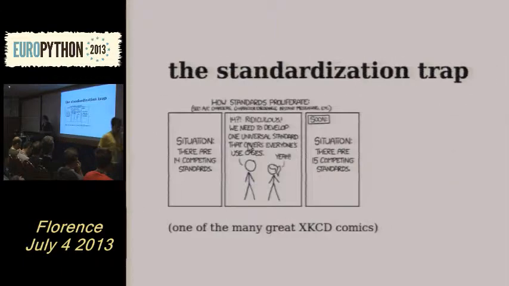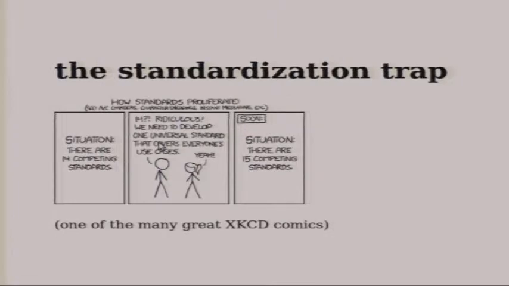Okay, in general, I guess you know about the standardization trap, right? There's this issue that you look at things and you say, this is all crap. We should all do it this way, and then of course we just end up doing things another way. This problem is something that many people are aware of by now in the Python packaging community.